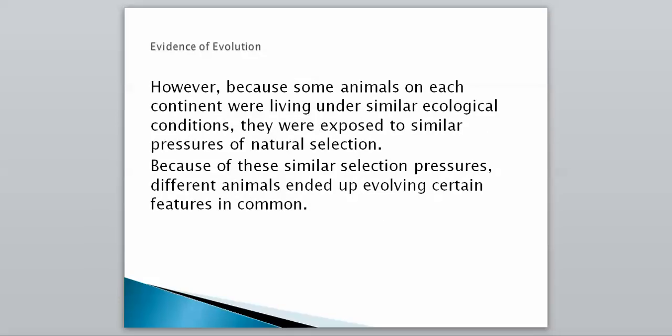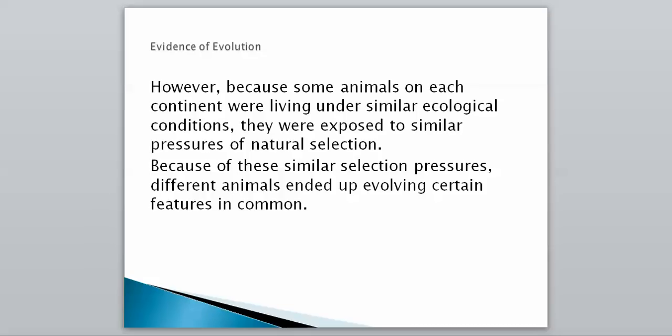However, one flaw that he noticed was that some animals on each continent were living under the same conditions. They had similar plants, similar temperature, similar surroundings, similar habitats, so they were exposed to similar pressures of natural selection. That means they had to come up with similar adaptations to help them survive, and because of these similar selection processes, different animals ended up evolving certain features in common.